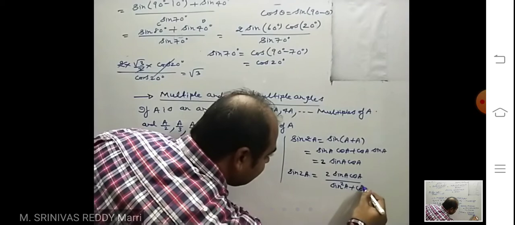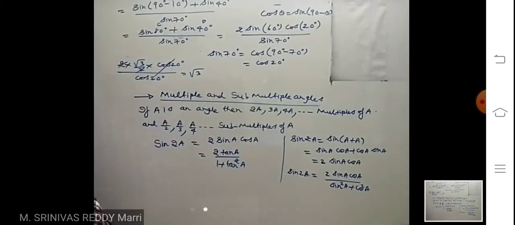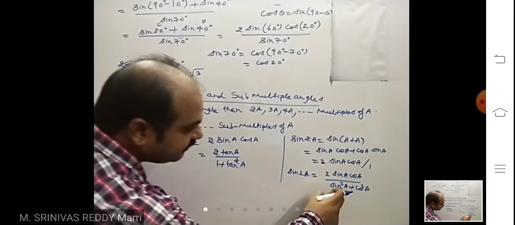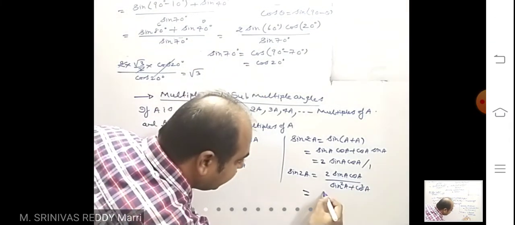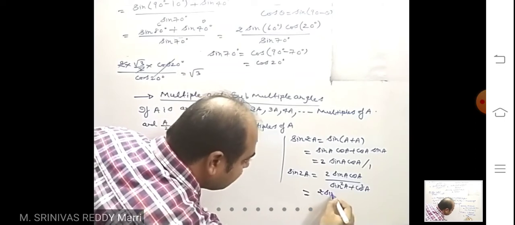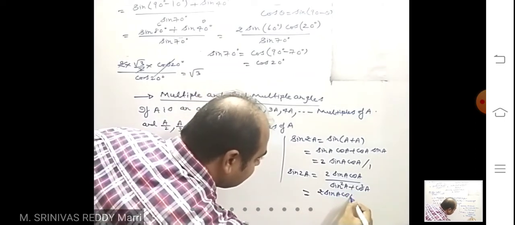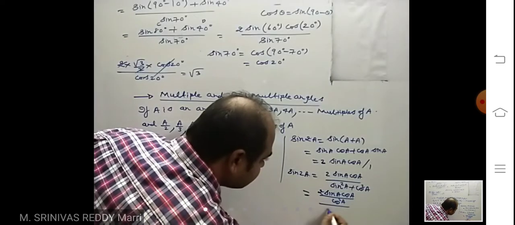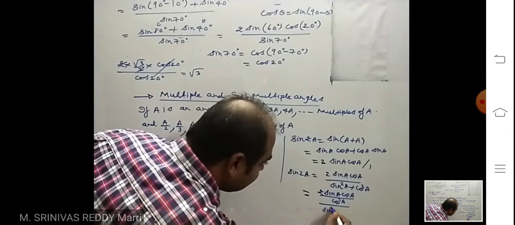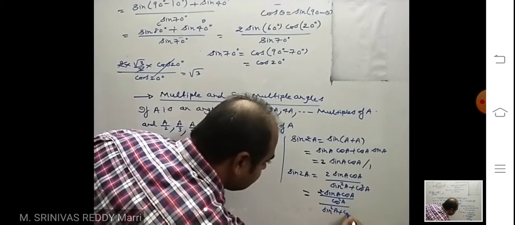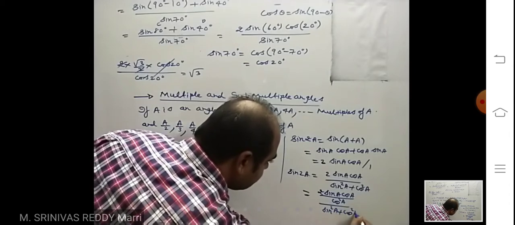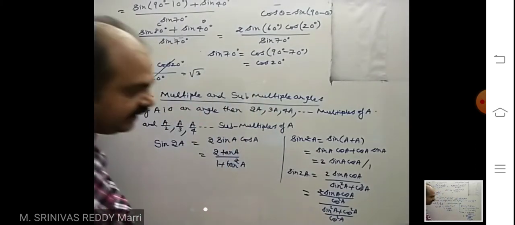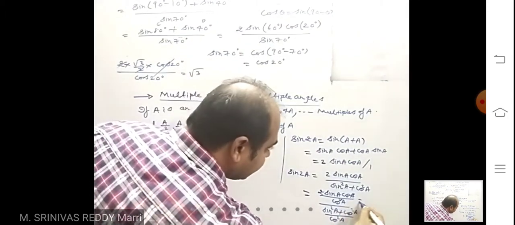In the denominator 1 is there, and that 1 can be written as sine square A plus cos square A. Both numerator and denominator I am dividing with cos square A. Now this cos A will become cancelled.